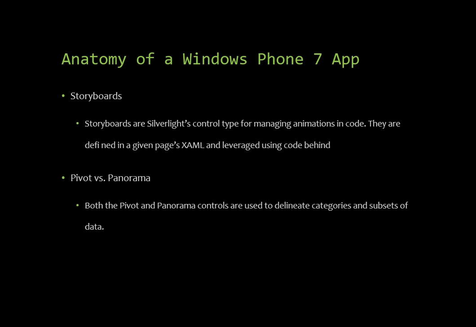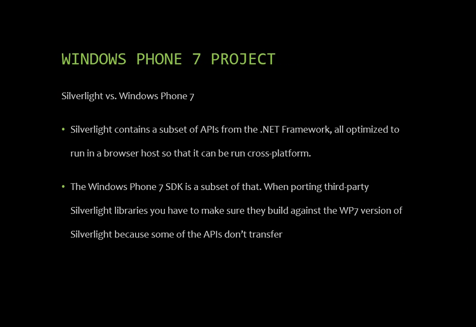To begin with, you have Silverlight versus Windows Phone 7. Silverlight contains a subset of APIs from the .NET framework, all optimized to run in a browser host so that it can run cross platform.